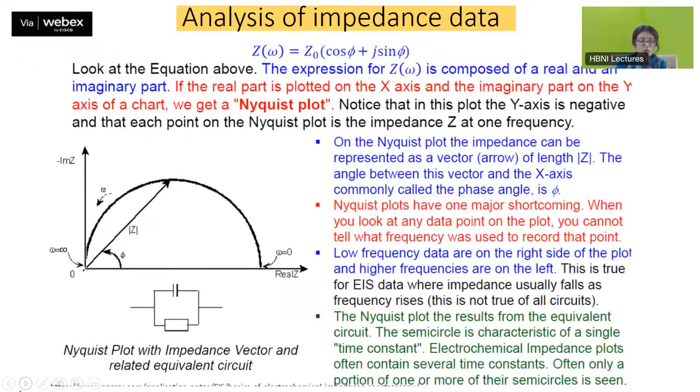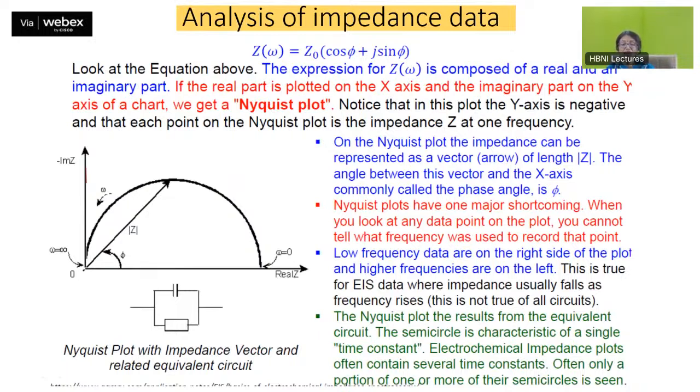If you look into the plot, now you'll understand what I'm trying to say. Here the x-axis is your real Z value, whereas the y-axis is the imaginary value. So if the real part is plotted on the x-axis and the imaginary part on the y-axis of a chart, we get the Nyquist plot.